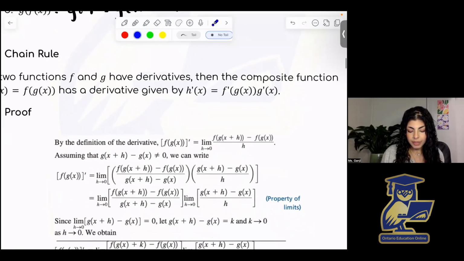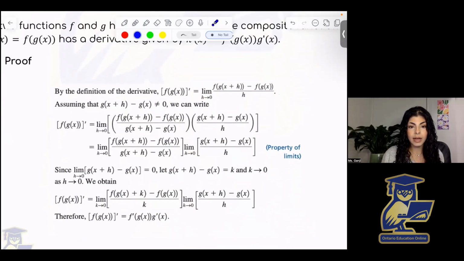And the proof of this is a little bit complicated, so please take your time to read through it. But we start with our definition of a derivative, and in this part we are assuming that we don't have a zero value there, so we can't actually define the limit. So that's why we had to have that g of x is also differentiable and has a derivative.